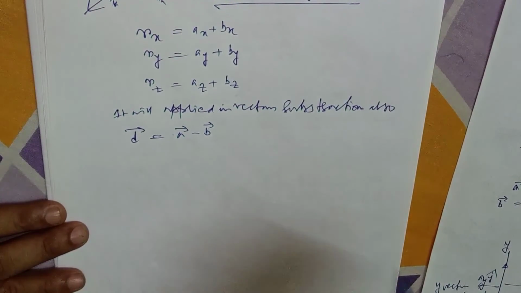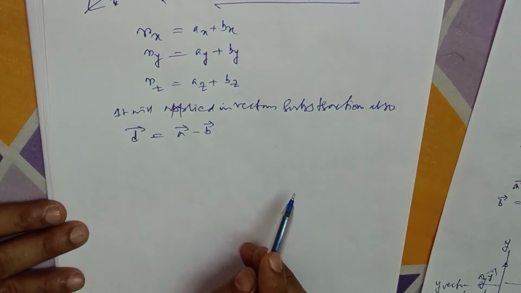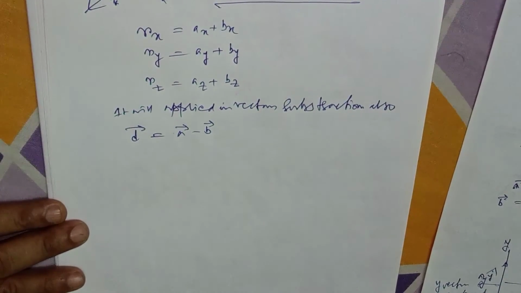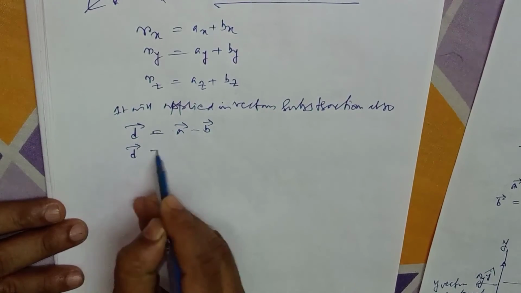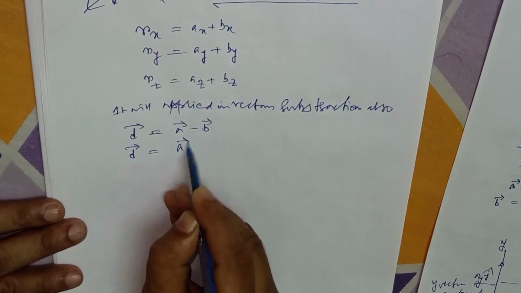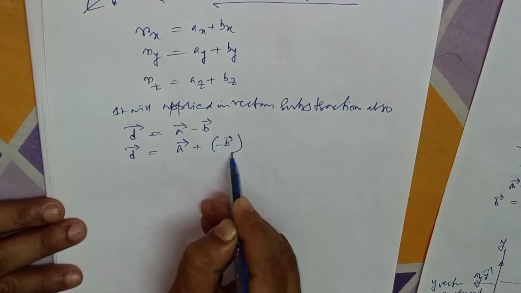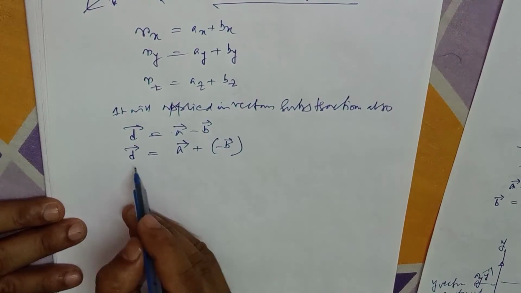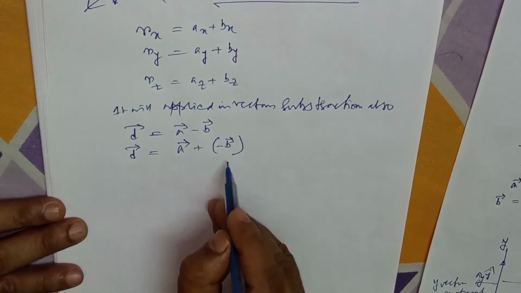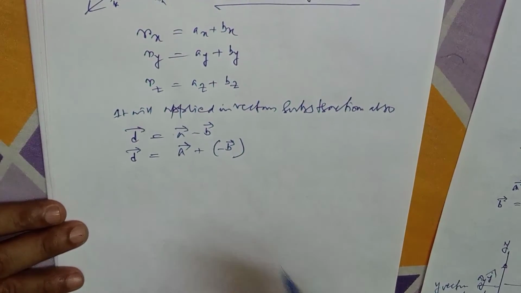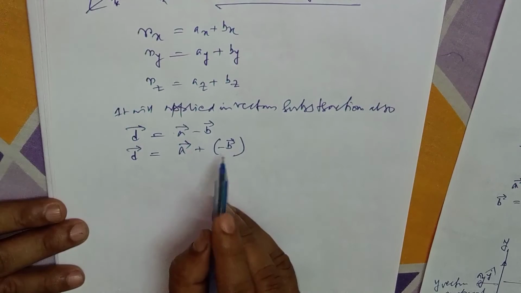Again, from the associative law and the commutative law, this d can be written as a plus minus b.